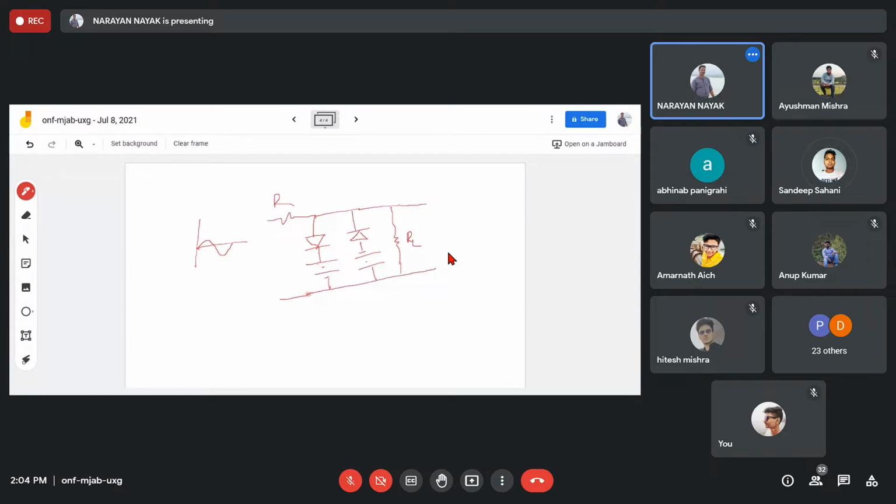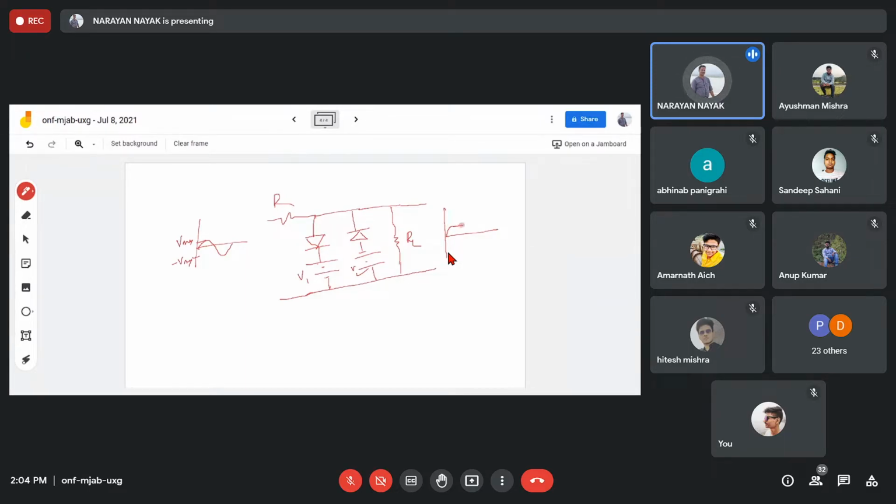Tell me what type of output you will get. This is, let us say, V1, and this is V2. So both sides the clipped signal you will get. Understood?